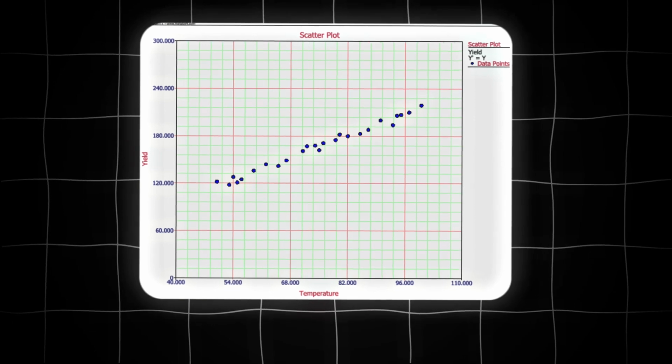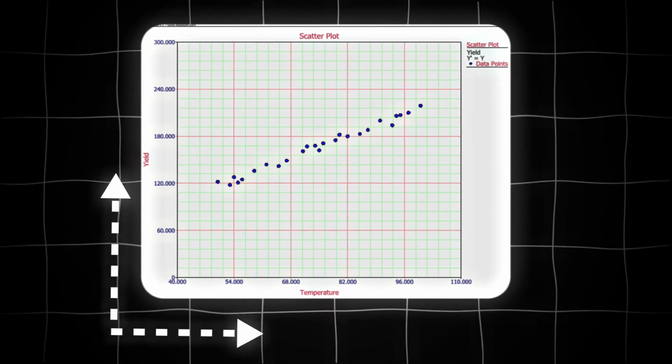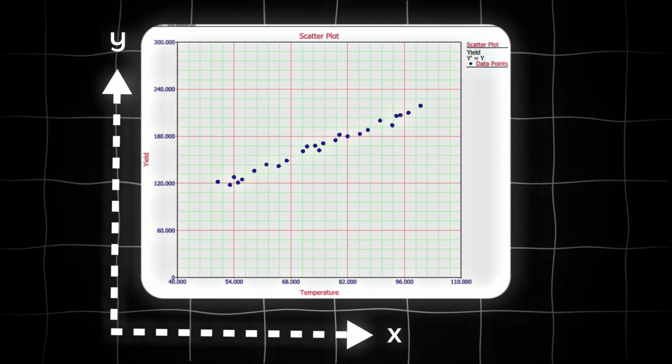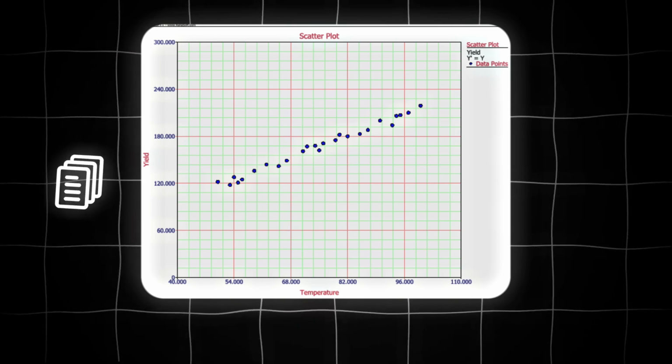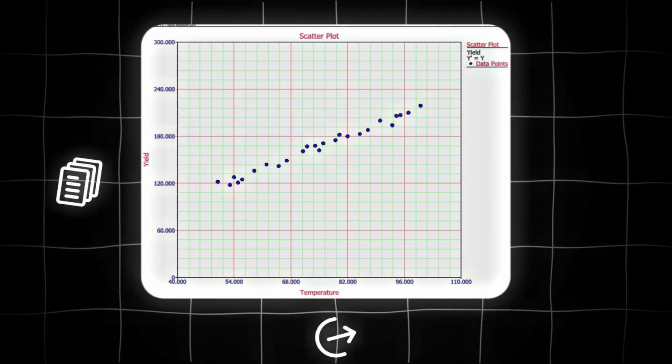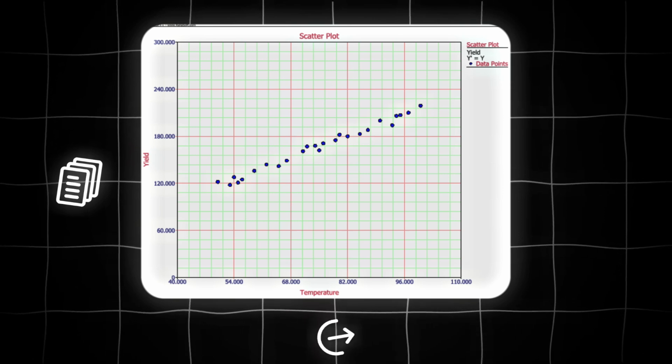As you can see here, we have a chart with one y and one x, and it means that our y is our input and our x is our output, or vice versa.